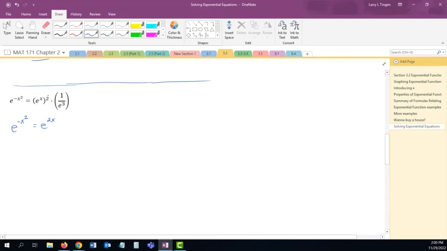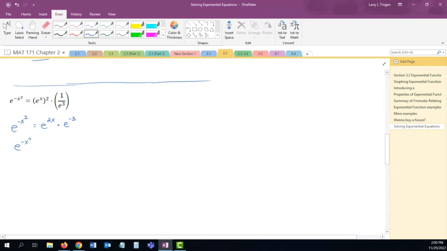So multiply, x times 2 is 2x. And then times, this is 1 over e to the third. It's not doing me any good in the denominator. So I'm going to bring it up to the numerator, and I'm going to do that by changing the sign. So 1 over e cubed is e to the negative 3.